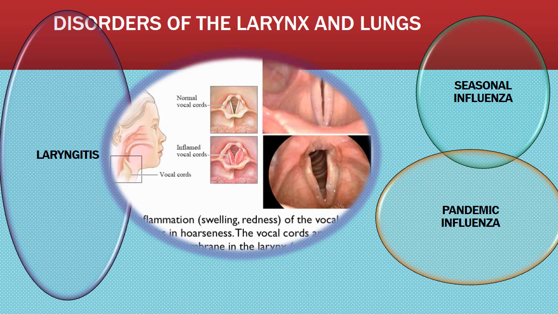Laryngitis is an inflammation of the mucous membranes lining the larynx or the vocal cords that may or may not include edema of the vocal cords. An increasingly common cause of laryngitis is GERD, and as you can see in this video, this is normal vocal cords and this is inflamed vocal cords.